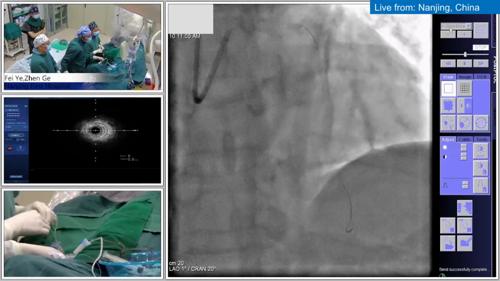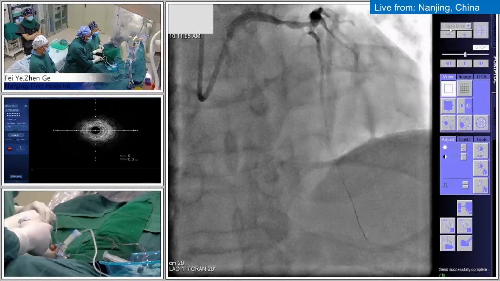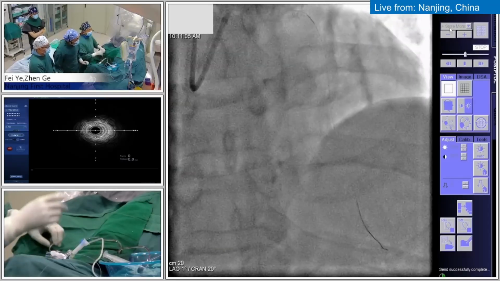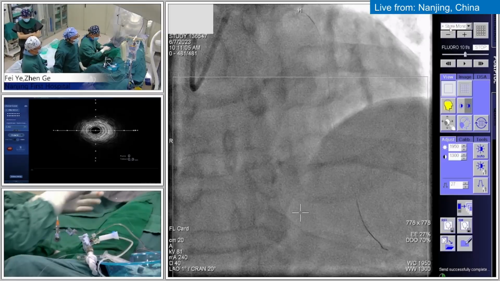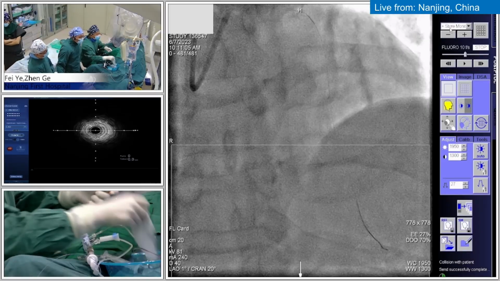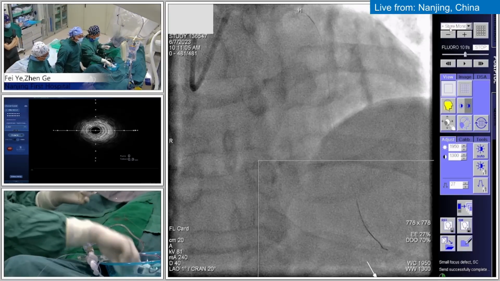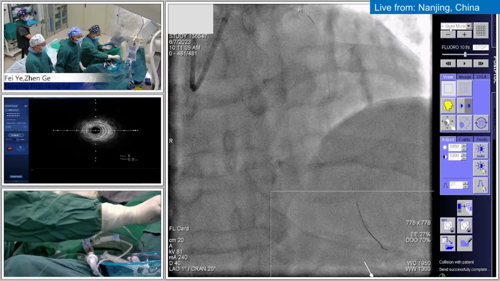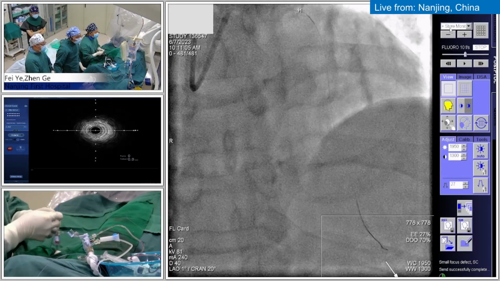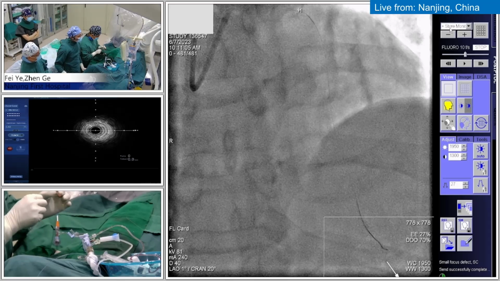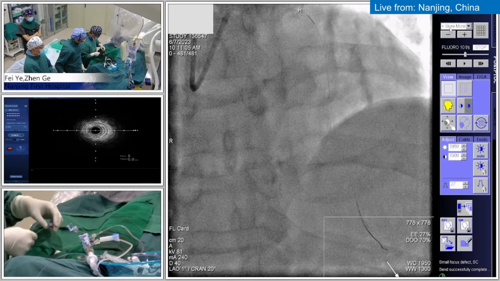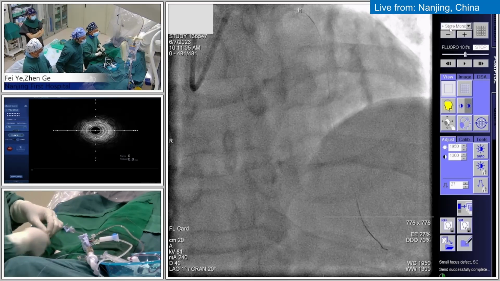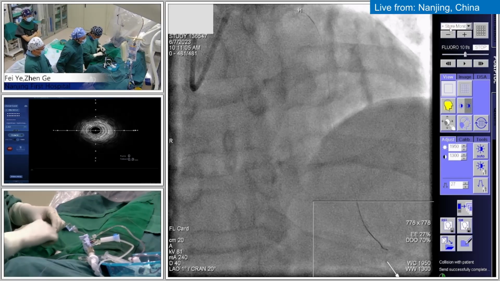For the left main bifurcation or trifurcation, especially when we want to detect the ostial left main, IVUS is better than OCT. Another consideration is that the patient's left ventricular function is not very good, so we don't want to use so much contrast volume.